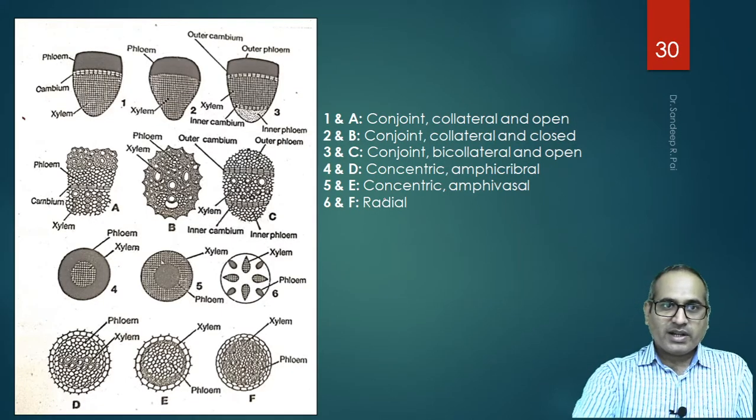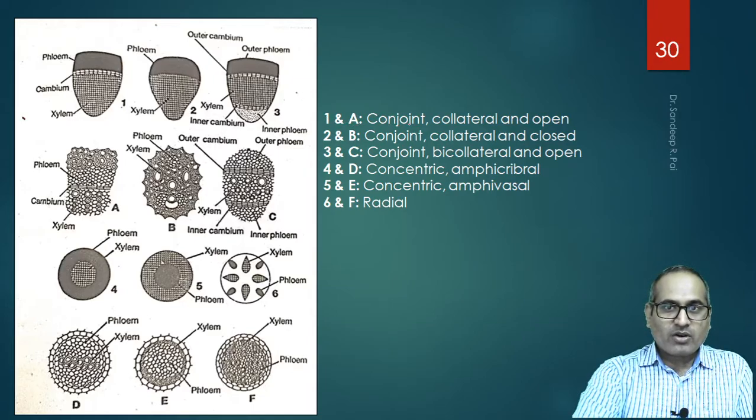So this picture clearly indicates to us different types of vascular bundles. 1 and A are conjoint, collateral and open. So here you will see 1A, this as well as this.